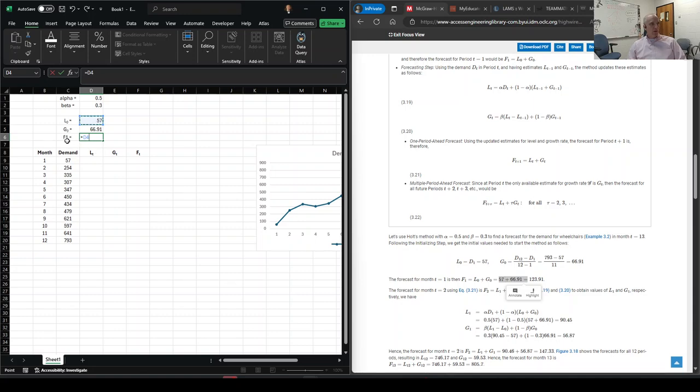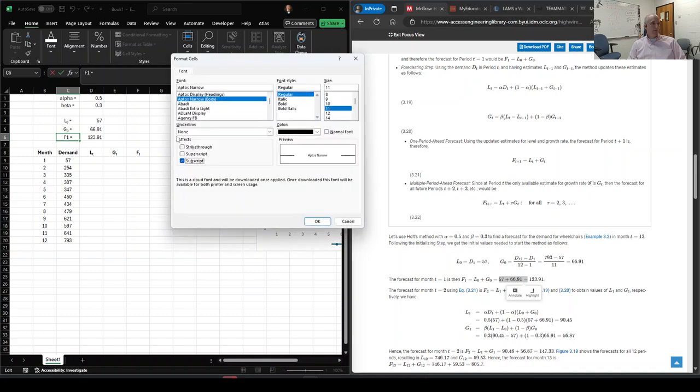The way to calculate the forecast for month 1 is to go to the base demand of the previous period, which is 57, which is that assumption the book makes, plus a base growth rate, a starting point for that growth rate. Where do we start that growth rate? We'll add those together, and that becomes the forecast for the first month. Isn't that interesting? I think it's kind of interesting.